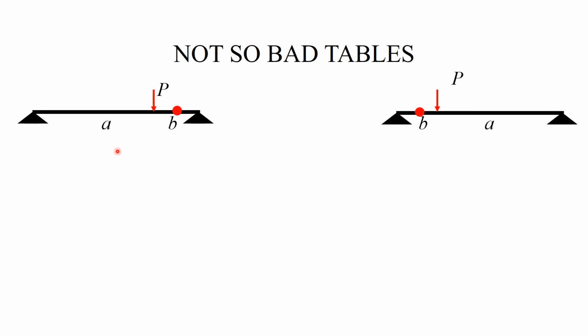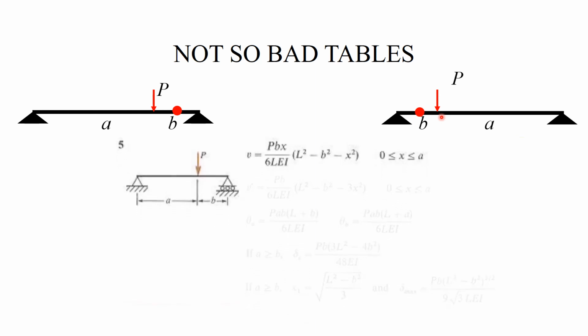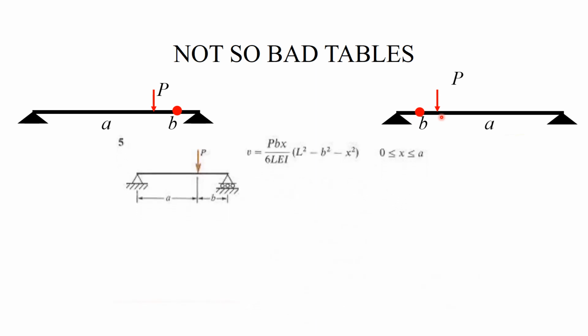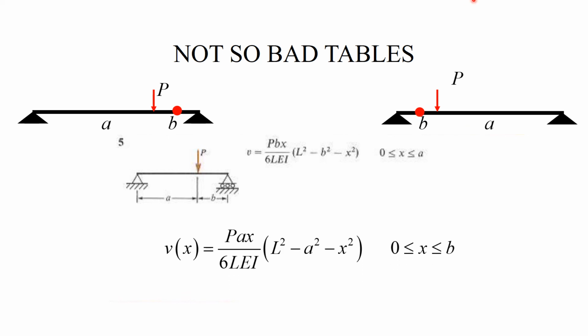And now let's see what happens if I want to deal with this beam. I take the same table, right? And now I have the tabulated solution for the left part of the beam, which I certainly like because the point is on the left. But now I have to adapt this result for this beam. And now I can see that the difference between the tabulated beam and this beam is that a and b are switched.